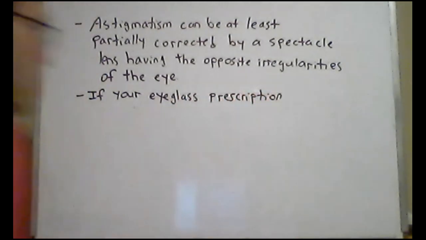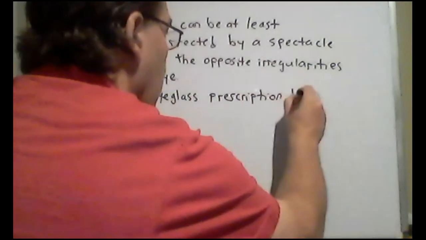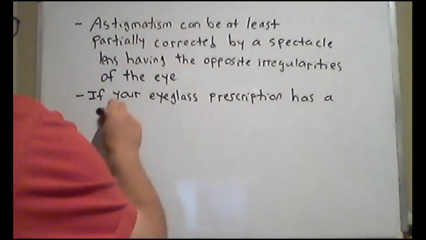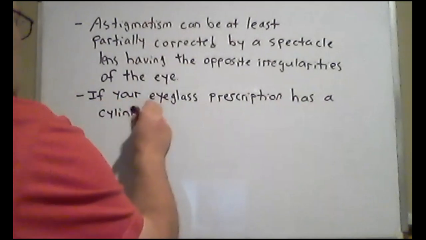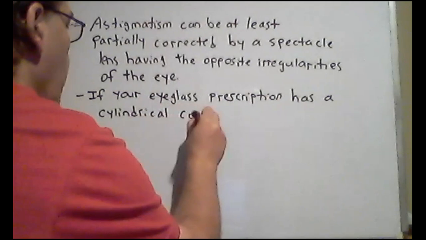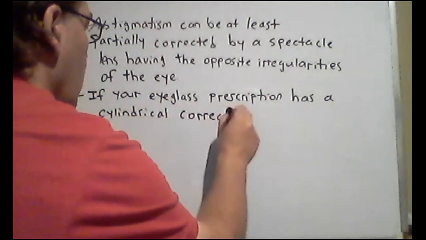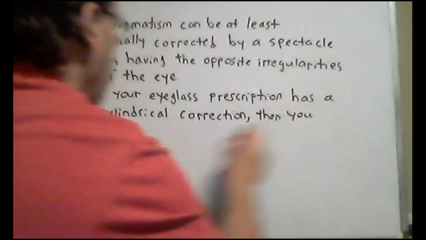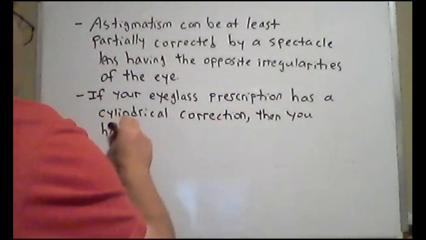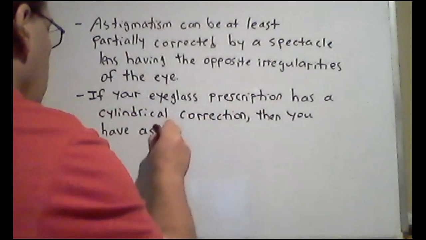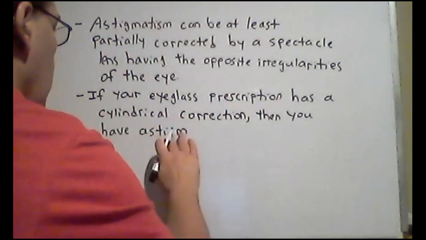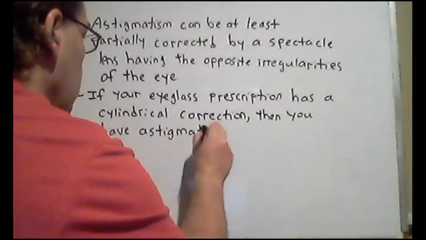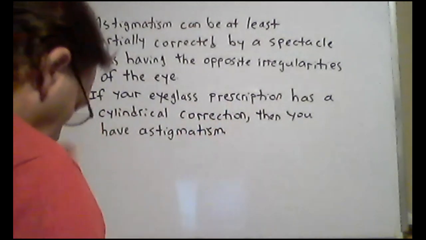If your eyeglass prescription has a cylindrical correction, then you have astigmatism. All right, so that's another defect of the eye.